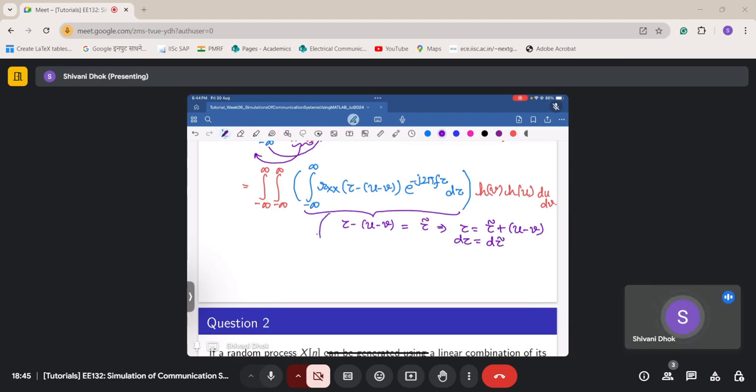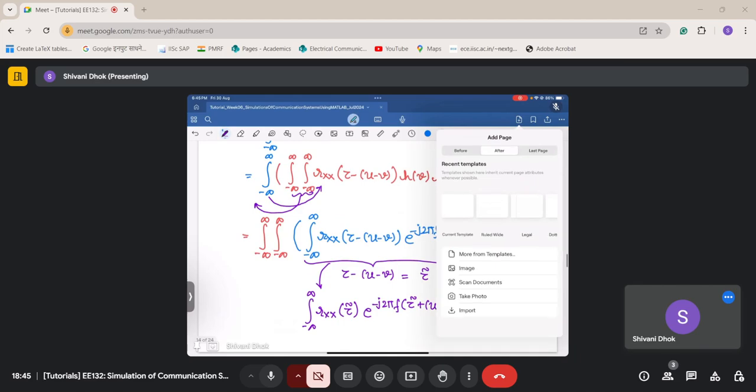So this particular integral now becomes integral from minus infinity to infinity. Limits won't change. Rxx of tau tilde into e power minus j 2 pi f (tau tilde plus u plus v) d tau tilde.